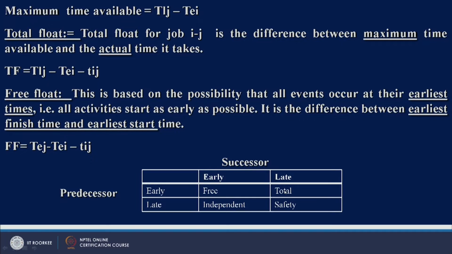The succeeding activity is finishing as late as possible and the preceding activity is starting as early as possible, minus the duration of the activity, you will get total float.